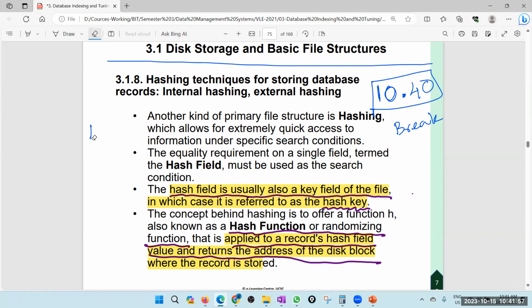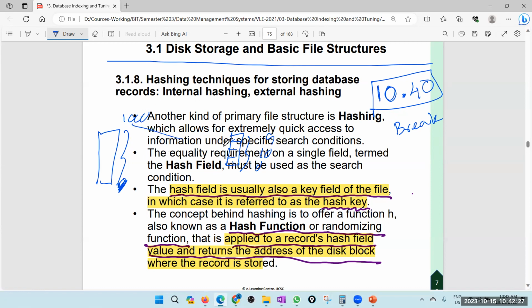So hash we'll look at in data structures and algorithms also. Hash is a technique where we map a large range of numbers to a small range. Say this is 1000. We want to map it to one of 10, 0 to 9. Say 1 to 1000, maybe we want to map it to 0 to 9.